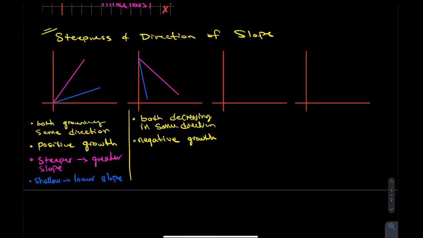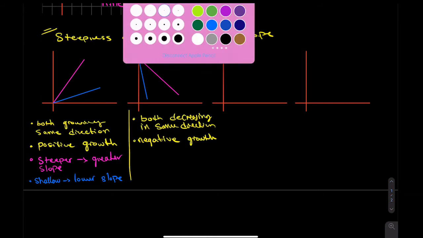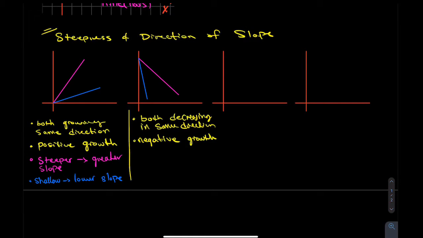Okay. And what can we say that's different about each of them? Which one here has the steeper slope? Well, our blue actually has the steeper slope, right? Because if we think about this as paying off our debt, our debt is going down much, much quicker with this one. So our blue has the steeper slope: debt goes down faster.